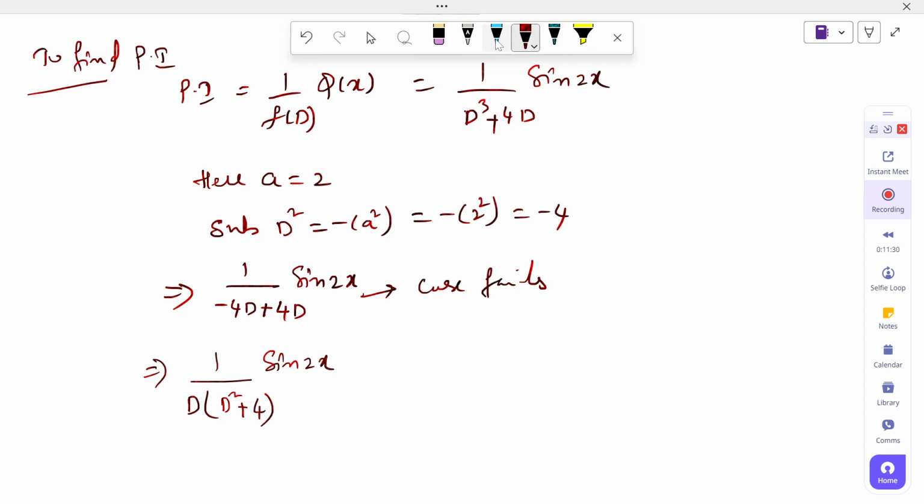Now you see this term. What is happening to this term? This part will reduce to your case fail.